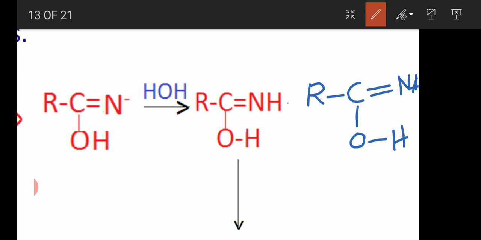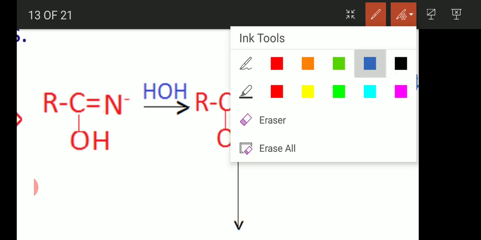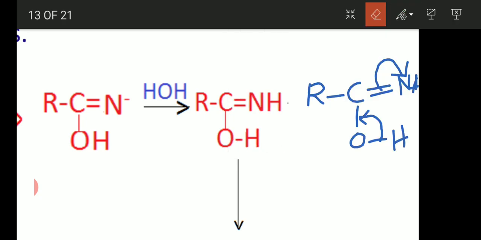Now this bond is shifting here, and if it comes here, carbon will get five bonds. That's why one bond will shift to nitrogen. Then it will become NH minus.